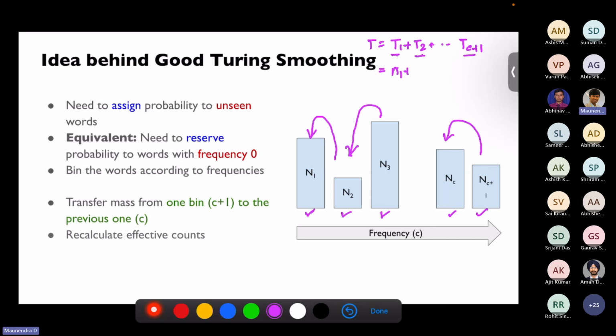Now suppose there are n2 words which have frequency 2. So from there we get 2 into n2 tokens.